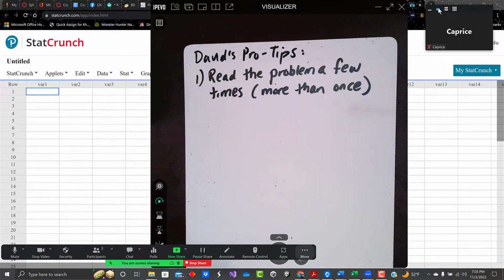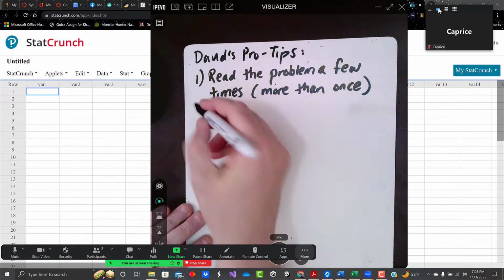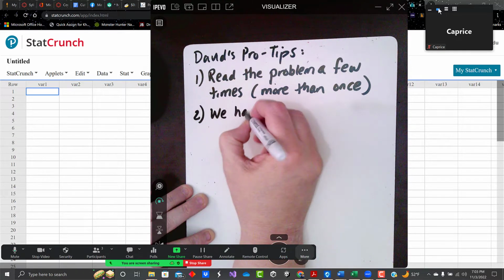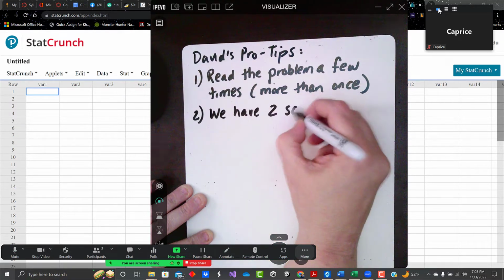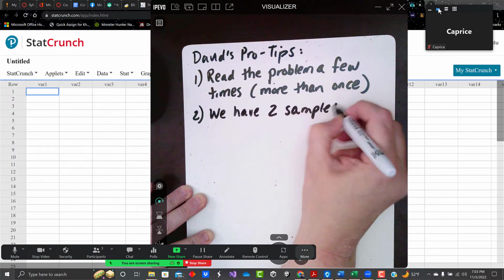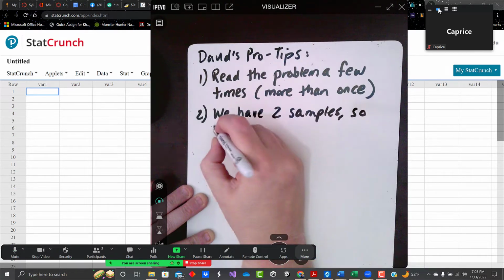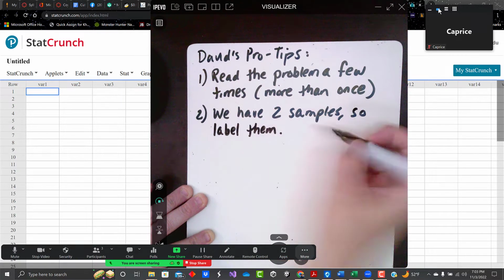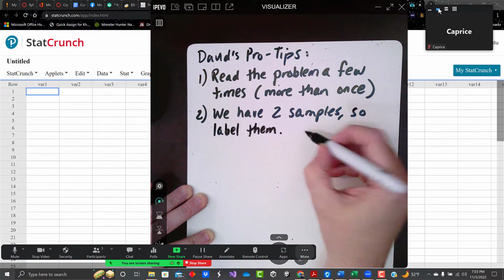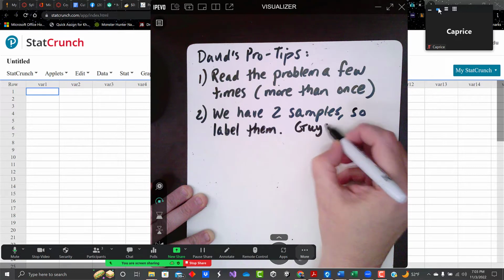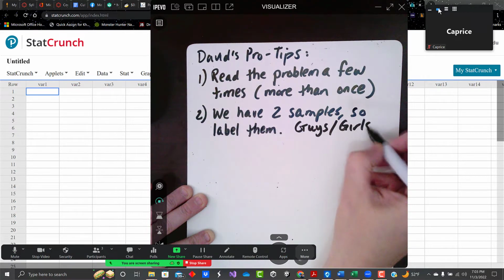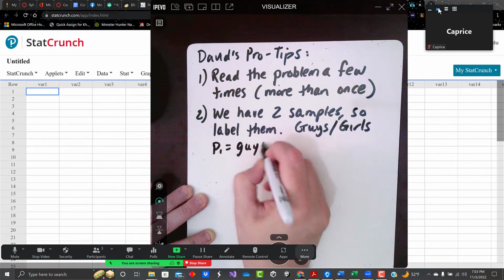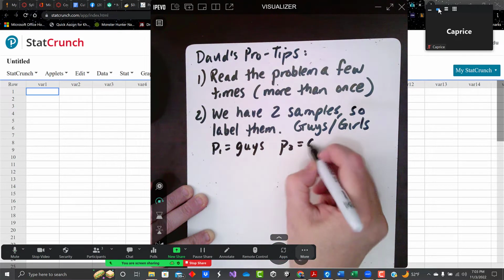Number 2: we have 2 samples, so label them. If it's guys and girls, put P1 equals guys, P2 equals girls.